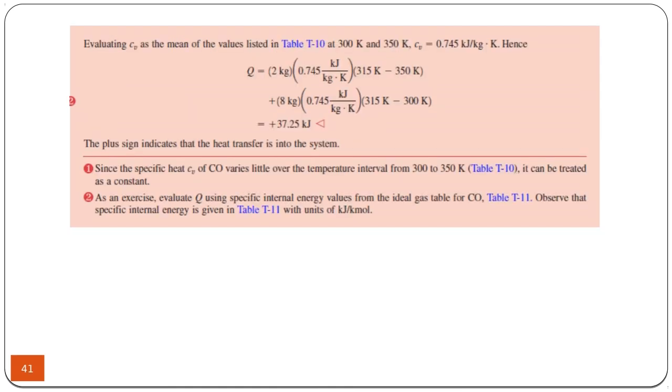So if you insert the numbers, you will find that there is a heat transaction of plus 37.25 kilojoules. It means that there is a heat transfer into the system because it is a plus sign.